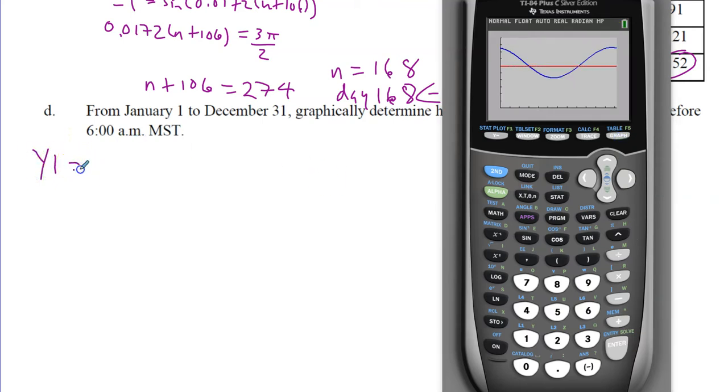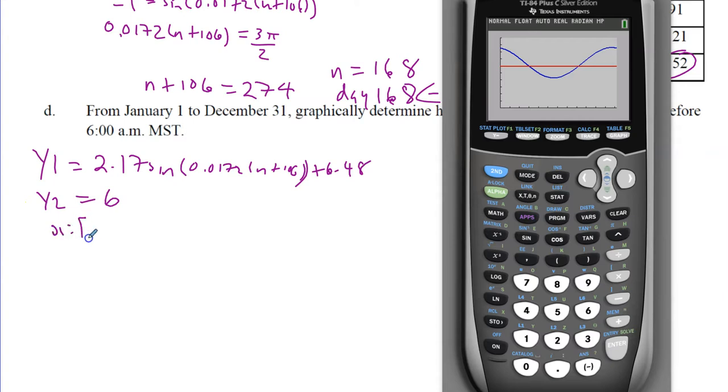So for graphical, I'm going to write 2.17 sine 0.0172 x plus 106 plus 6.48. Y2 is equal to 6. We need to show our window, so 0 to 365 by 30.